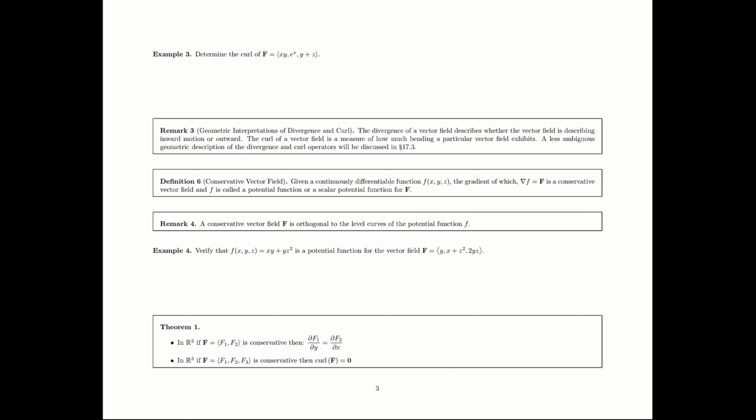So to compute the curl of F, we draw our determinant. We have our x, y, and z partial instructions, and then we have our components: xy, e to the x, y plus z.